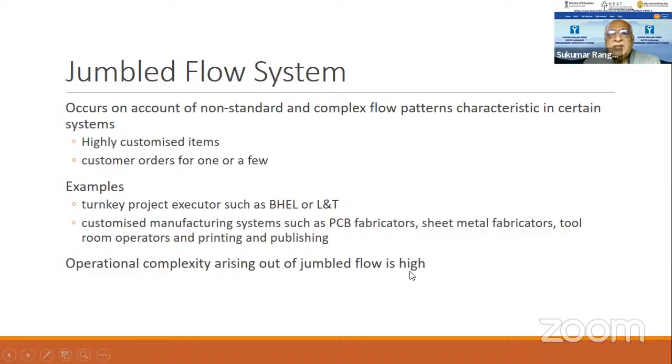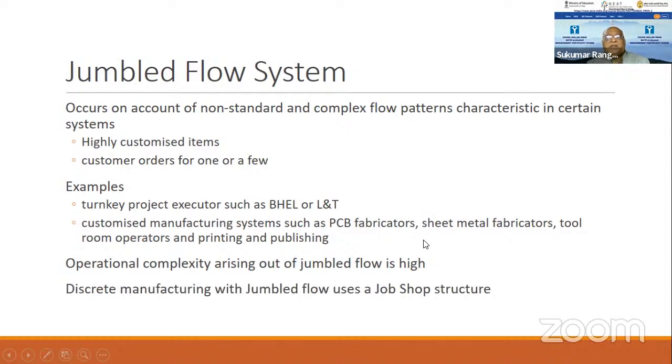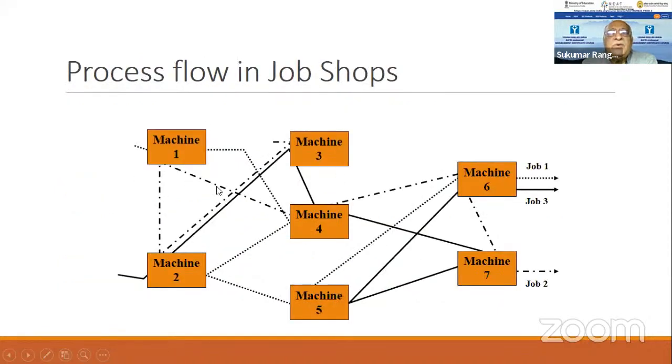Operational complexity arising out of jumbled flow is very high. Discrete manufacturing with jumbled flow uses a job shop structure. As I said, a jumbled flow system is nothing but a job shop. So some of the material may flow from here to here, but then some may flow from this to this, then go there and then come here.